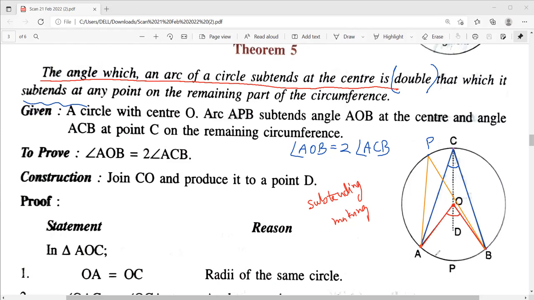The same arc AB, which is subtending an angle AOB at the center of the circle, is subtending an angle APB at any point on the remaining part of the circle. Once again, APB will be half of AOB, or you can say that AOB will be double of APB. This angle AOB will be double of this angle as well as this angle.